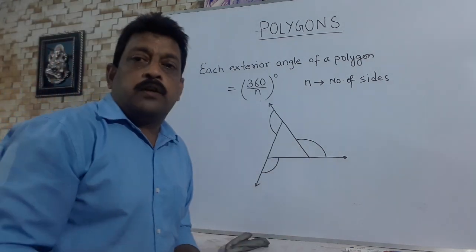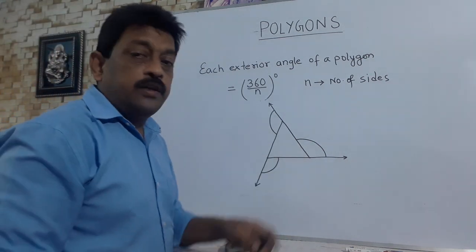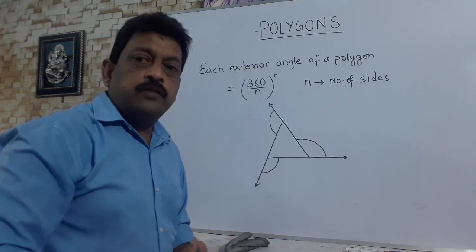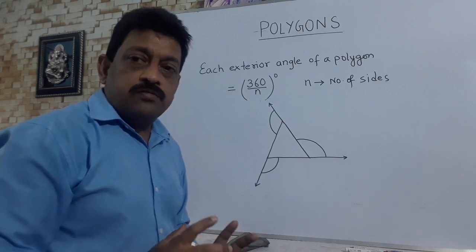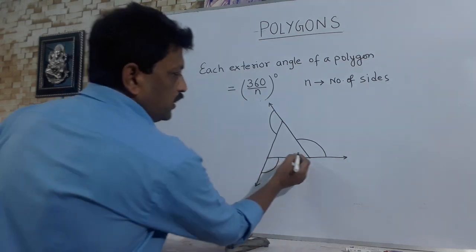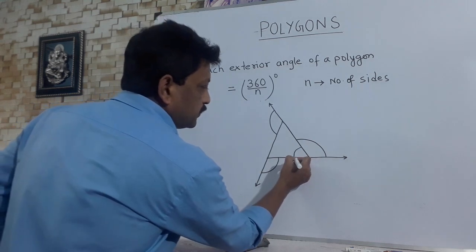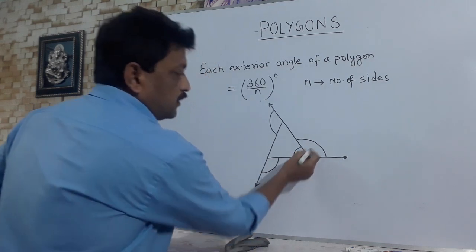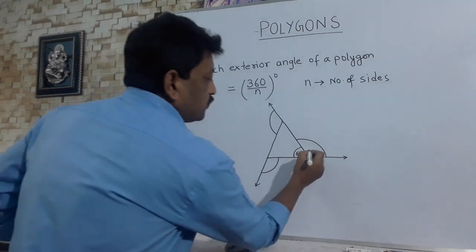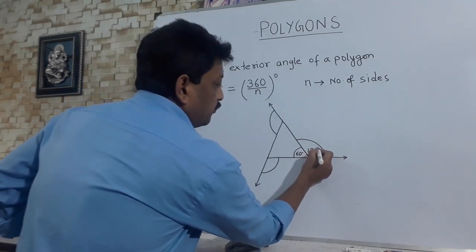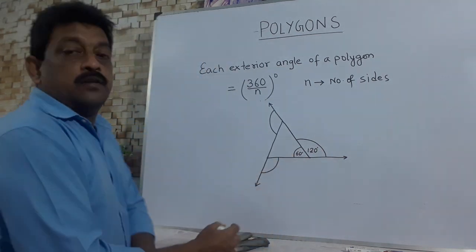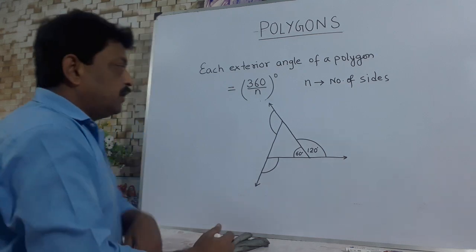We all know that each interior angle of an equilateral triangle is 60 degrees. So if this is 60 degrees, then the exterior angle is obviously 120 degrees, because these two angles make a linear pair.